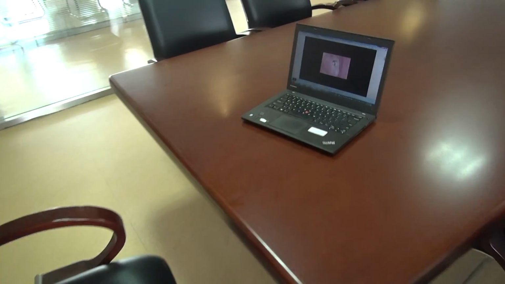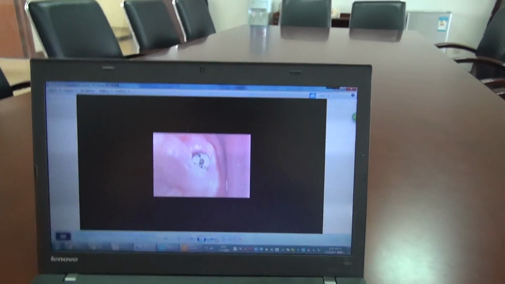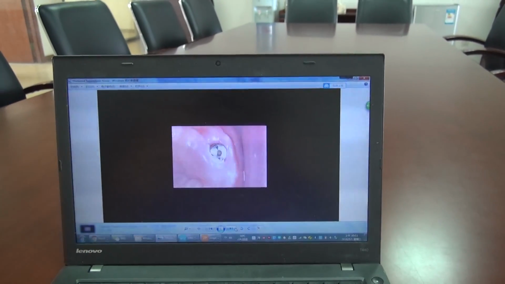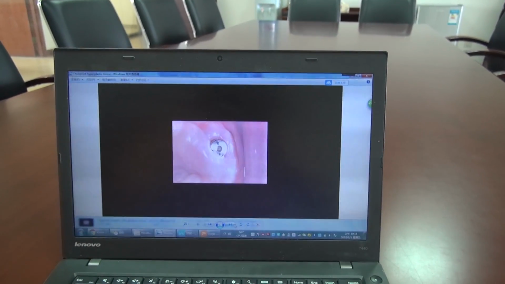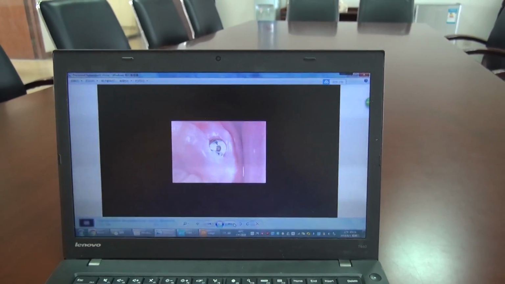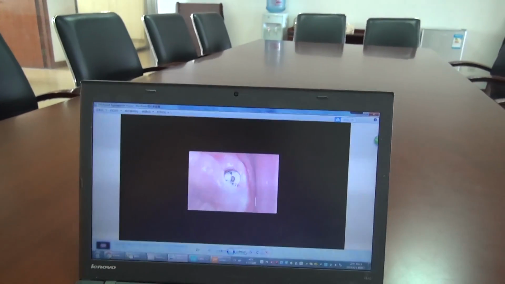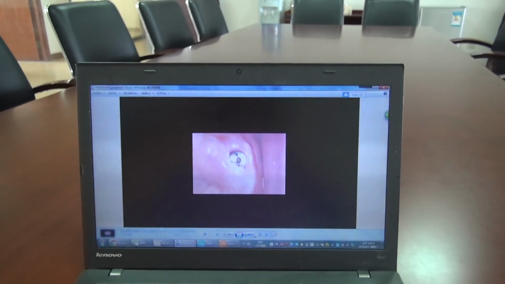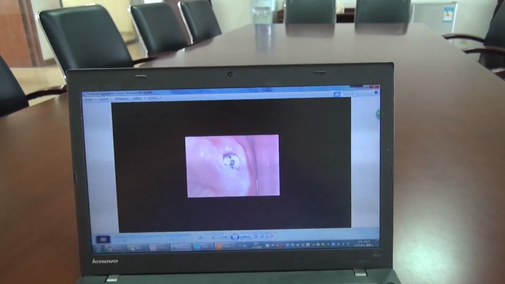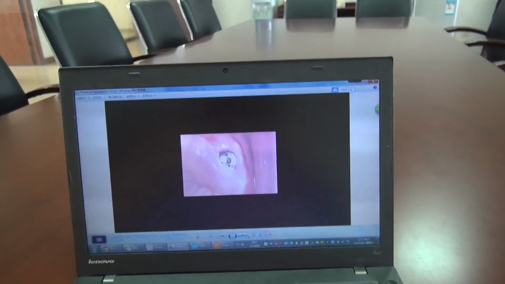I want to explain why we say it is useful. With this diode laser, we can do something that you cannot realize with the traditional tools.